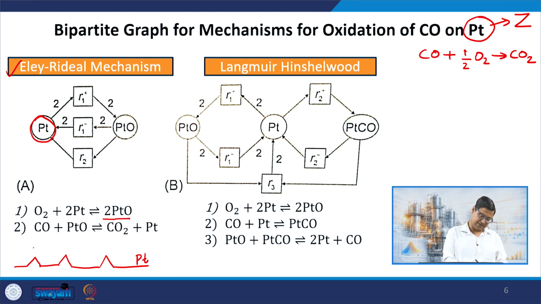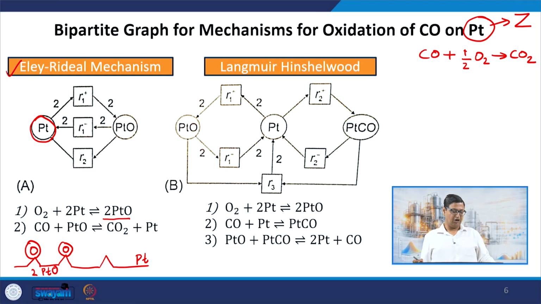So oxygen basically breaks apart and adsorbs on the two nearby active sites, and they are forming therefore two PtO. Now each of these PtO can react with the carbon monoxide, and once that happens they can give rise to CO2, and then Pt basically goes out of the catalyst and the Pt remains bare, right?